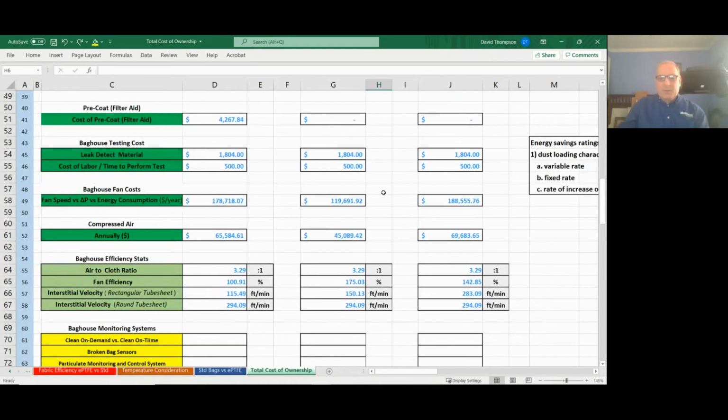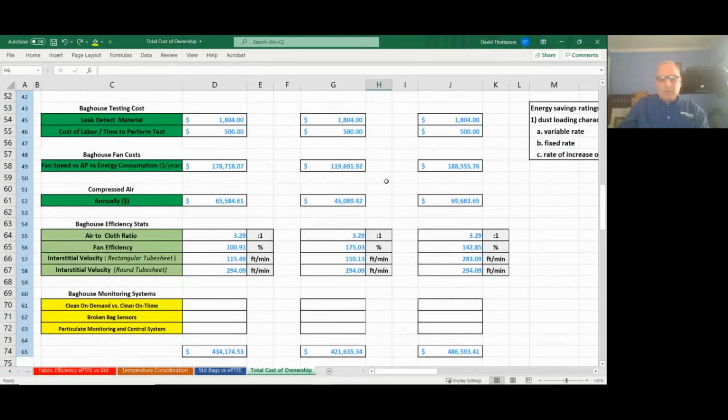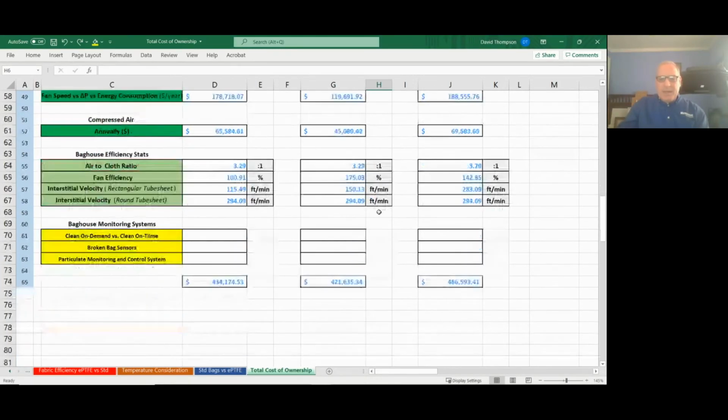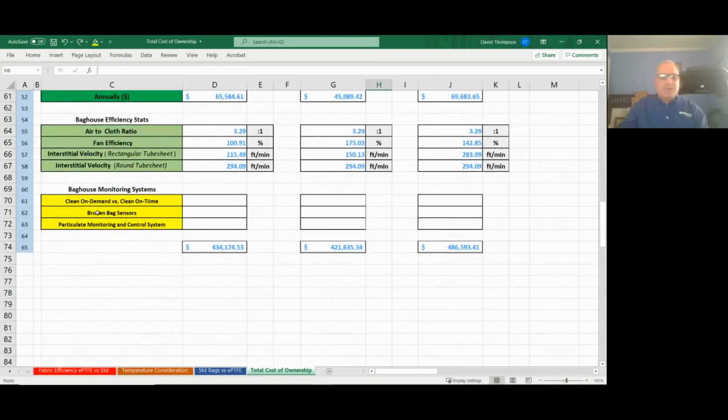Here, all of our air to cloth ratio is the same for all of them, and in the end, without any fancy stuff on the system like broken bag sensors and particle monitoring systems and controls, you're looking at a savings for the most expensive bag in the overall life of running that baghouse of $13,000 a year, which goes directly to your bottom line.